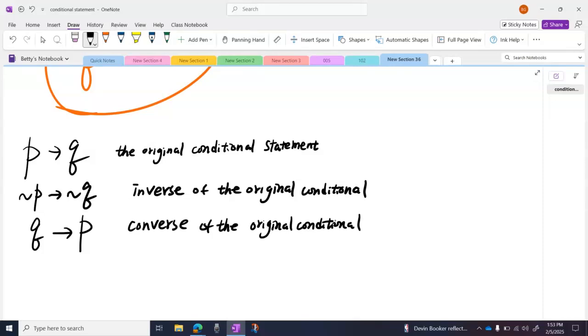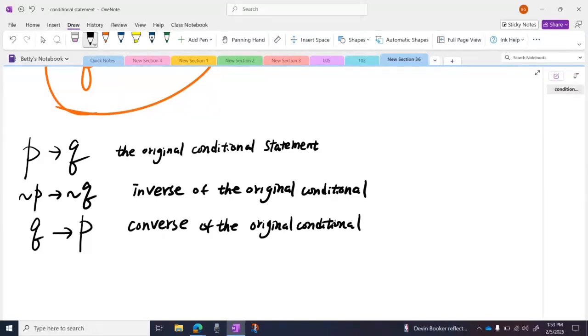All right, that's the second definition, converse. What is the converse of a conditional? You just need to switch the antecedent and consequent, and you will have the converse of the original conditional statement.